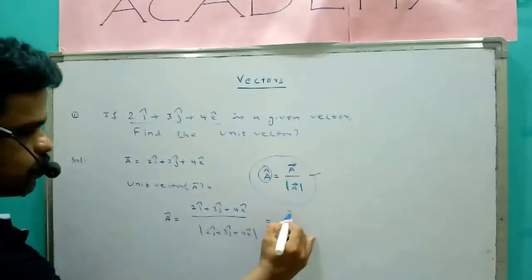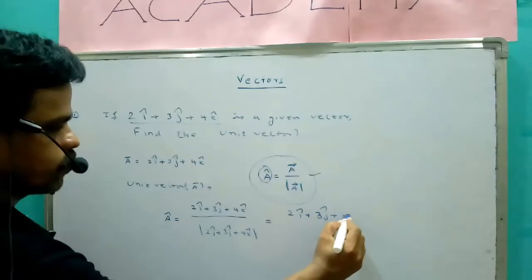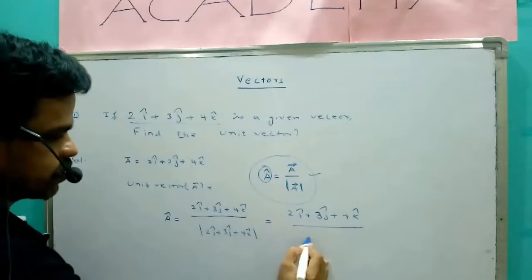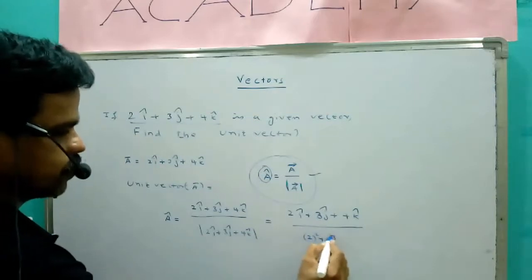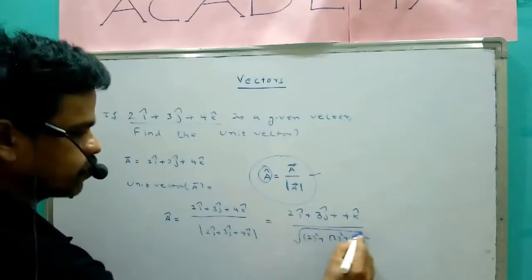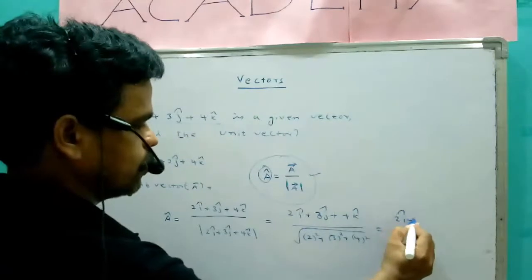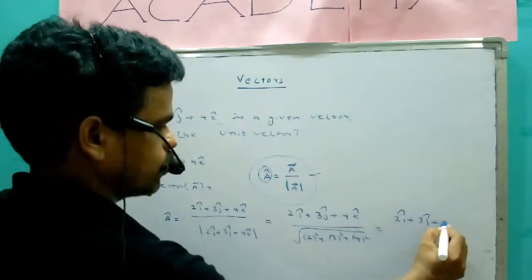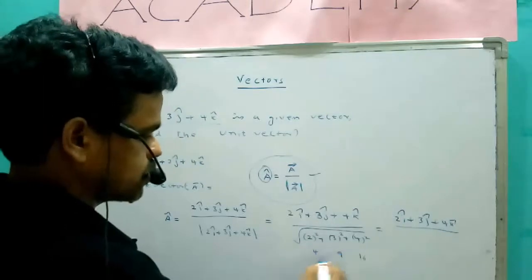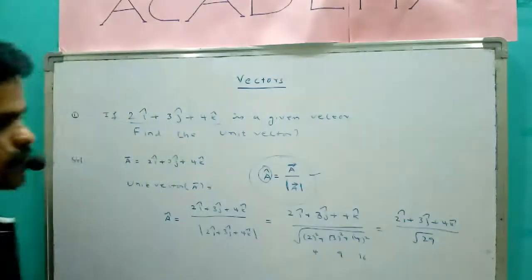So 2i plus 3j plus 4k by the modulus of this vector, that is square root of 2 square plus 3 square plus 4 square. Here we get the modulus value: 2 square is 4, plus 9 plus 16, 13 plus 16 is 29, root 29 units.